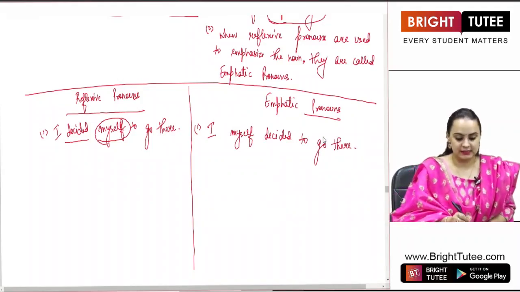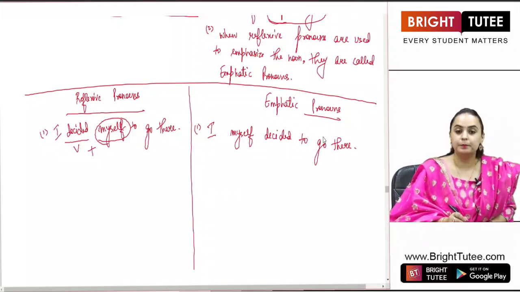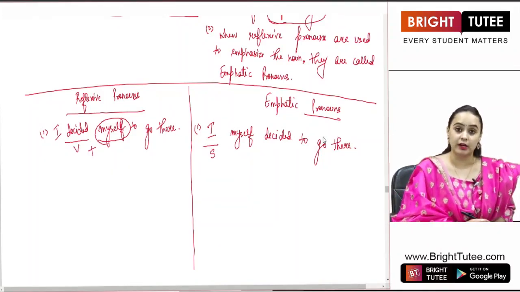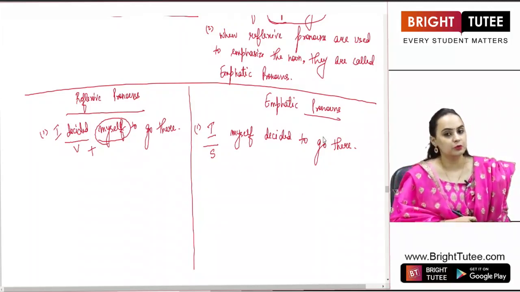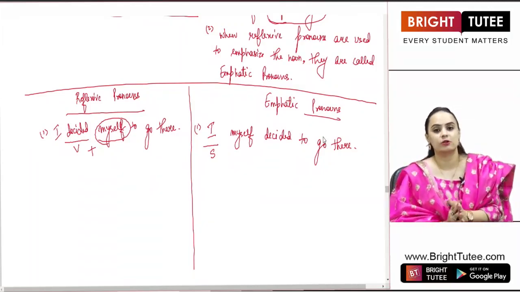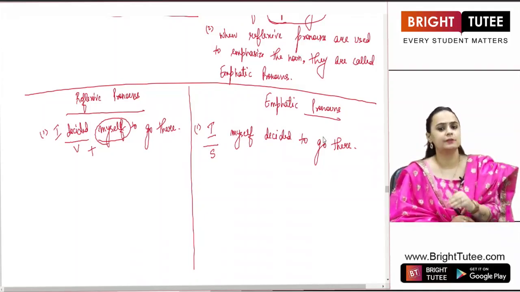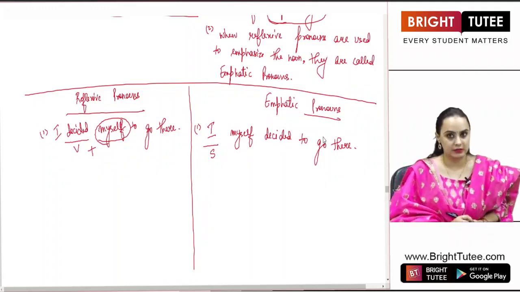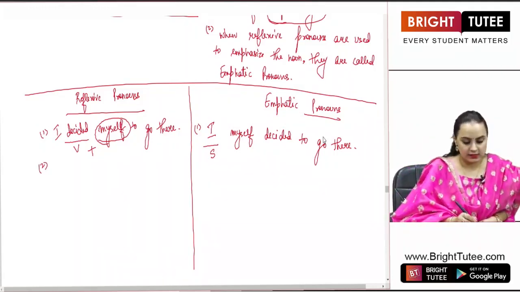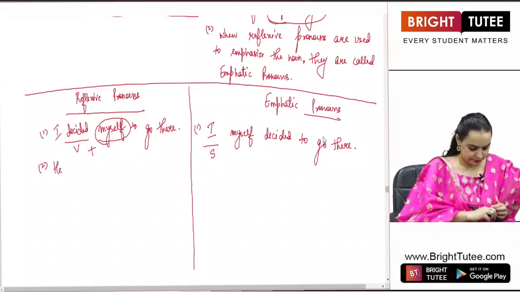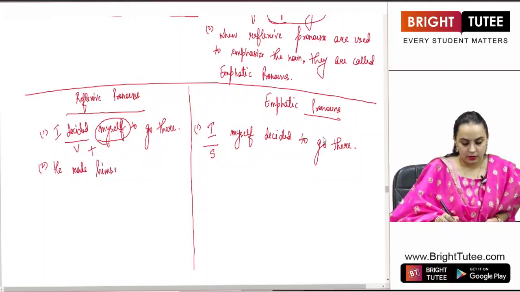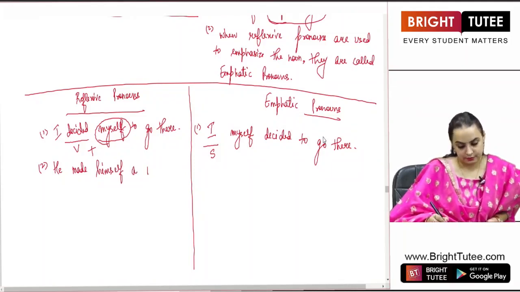So, you see the difference? Here it was preceded by a verb and here it is preceded by a subject. And why do we use emphatic pronouns? When we have to lay stress on something. I myself decided to go there. Okay, so the stress is being laid on the subject. If I give you more examples, he made himself a new cake.